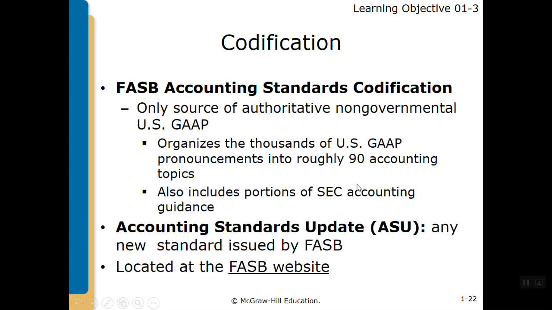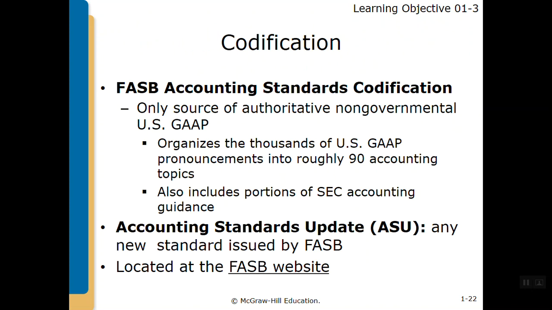All right, the FASB accounting standards, they are the authoritative non-governmental source of GAAP, of our accounting principles. They also include portions of SEC accounting guidance, so those also come into play.